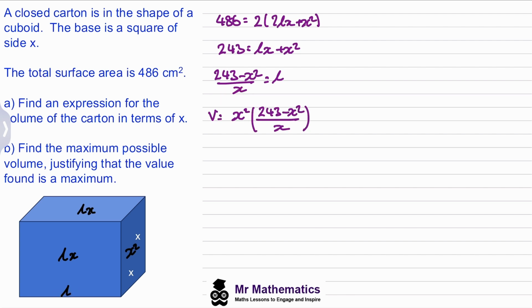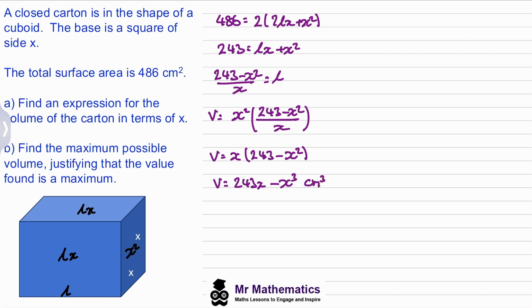We can simplify this because this x will cancel with one of these, and then we can expand out this bracket, so V will equal 243x minus x cubed centimeters cubed.